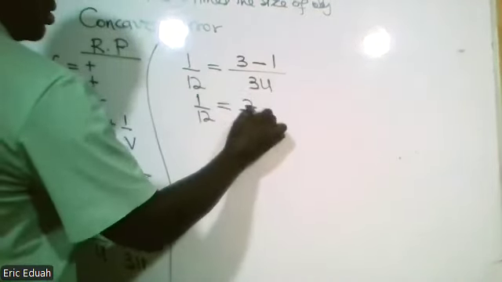Linear magnification M is V on U, which is 3. Therefore, V would be equal to 3U. So we have plus 1 on 3U, because V is positive. Okay, it's behind the mirror.